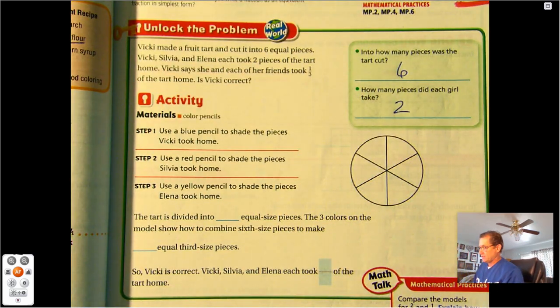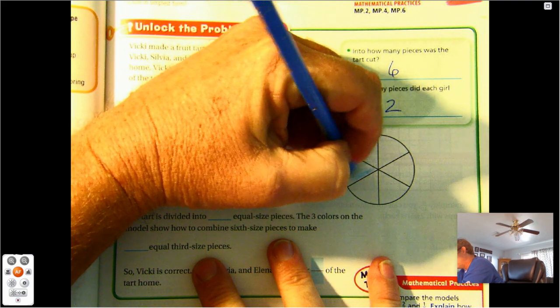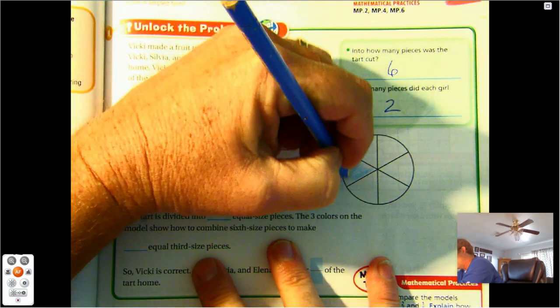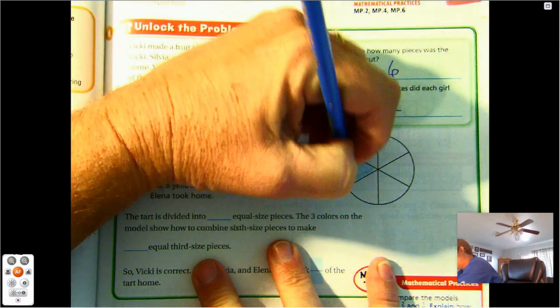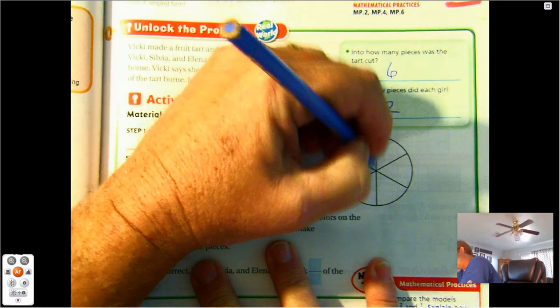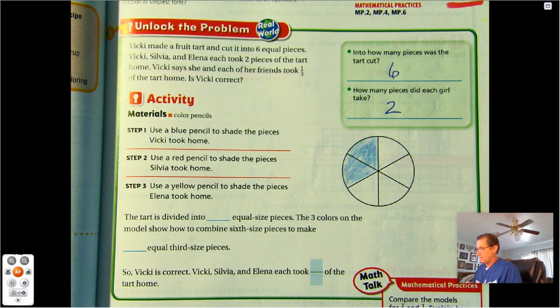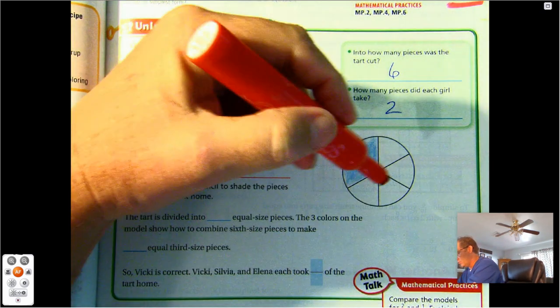All right, and so it says use a blue pencil to shade the pieces Vicky took home. So each girl took home 2 pieces. All right. So that represents Vicky. Sylvia also took home 2 pieces.